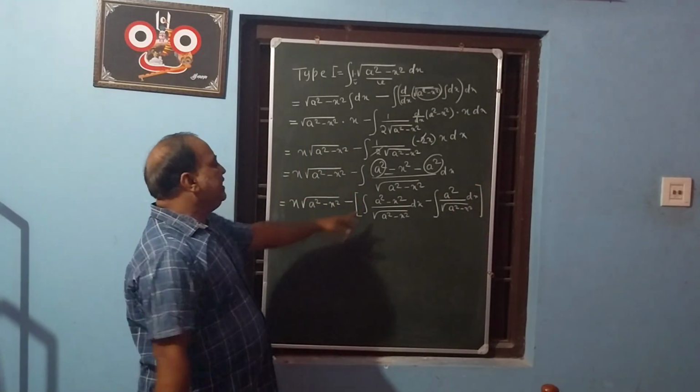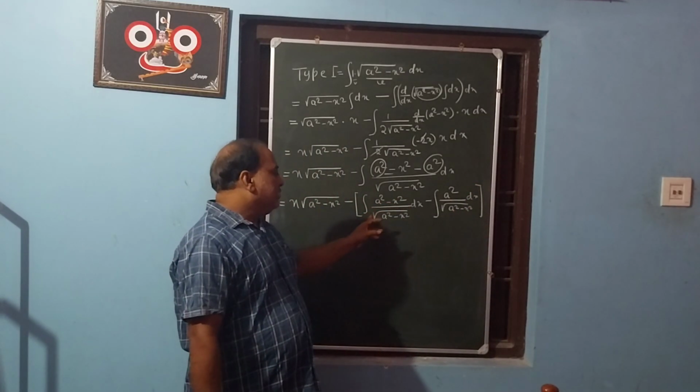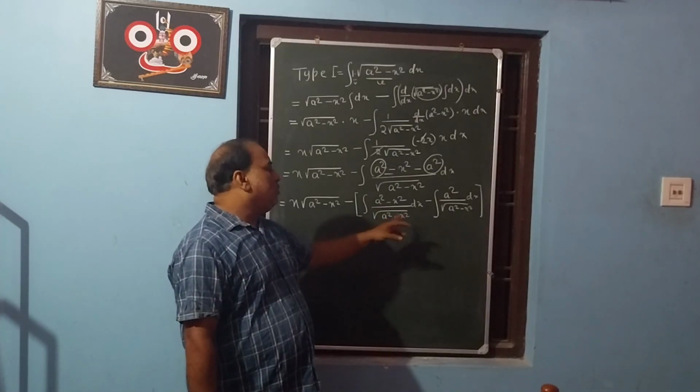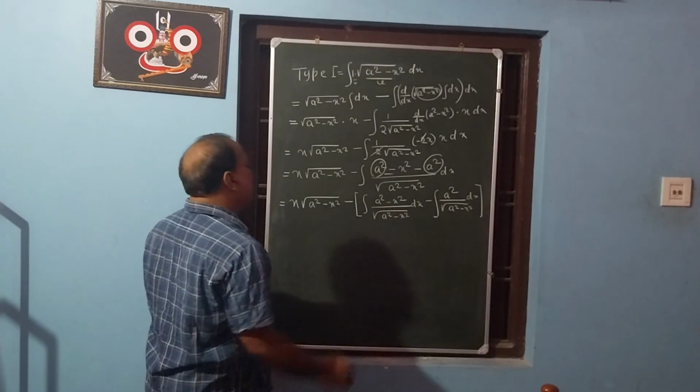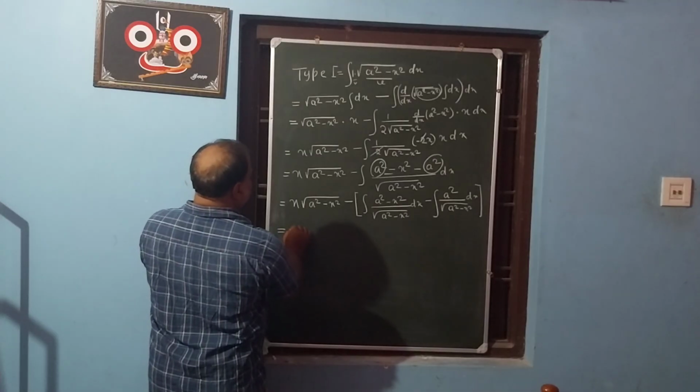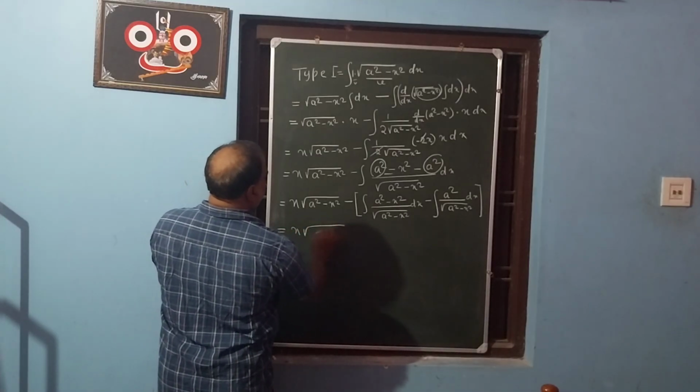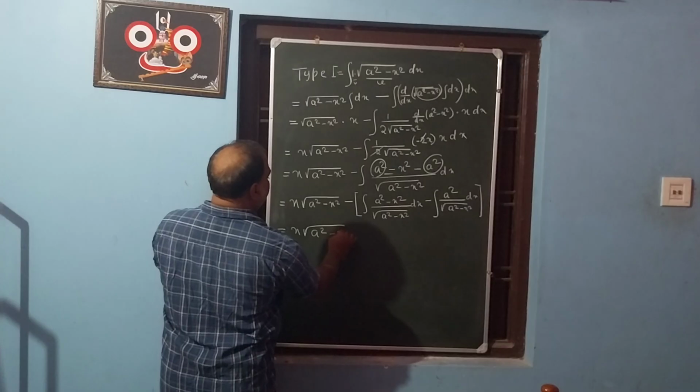Cancelling, we get x root over a square minus x square.